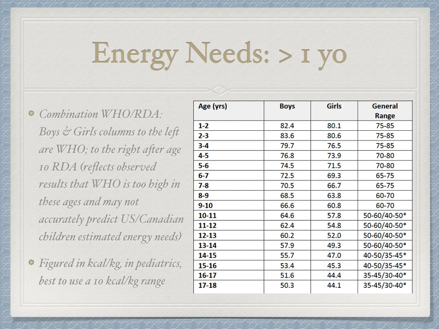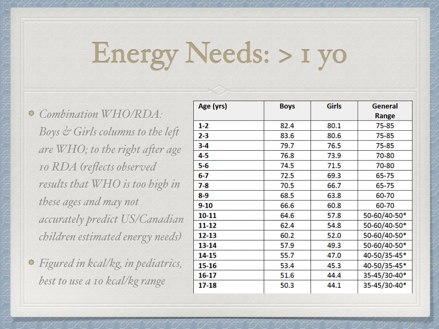Now moving on to energy needs for children that are greater than 1 year old. For this, we're going to do a combination of the WHO and the RDA. The boys and girls columns to the left are the WHO. The columns to the right after the age of 10 reflect the RDA.